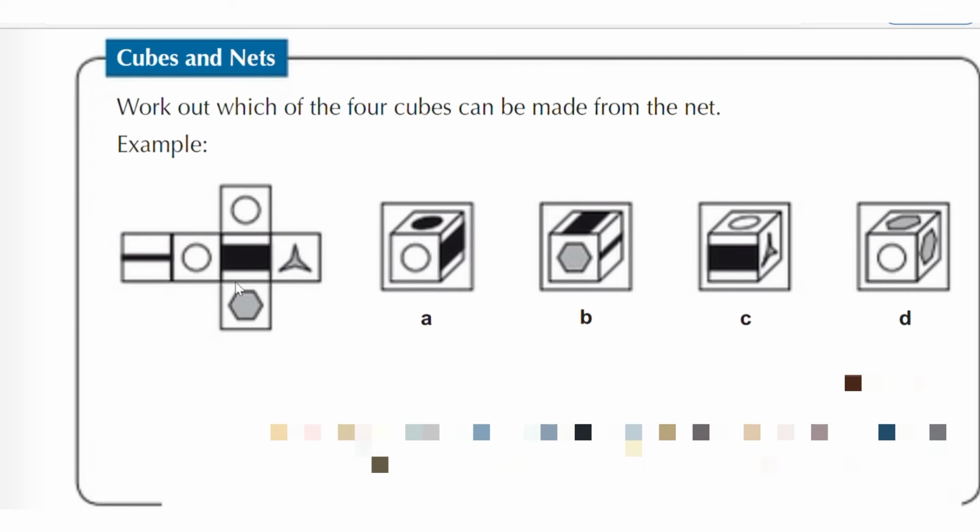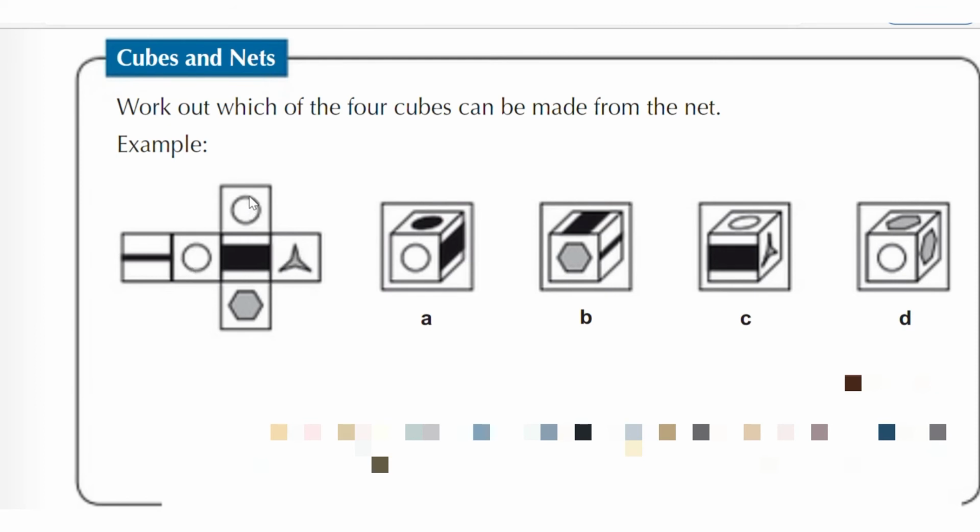With cubes, we know from what we've learned about cubes, there are some sides that are opposite to each other that you can't see. So for example, this here is opposite to this one here. So when it forms a cube, you must not be able to see both of them at the same time.